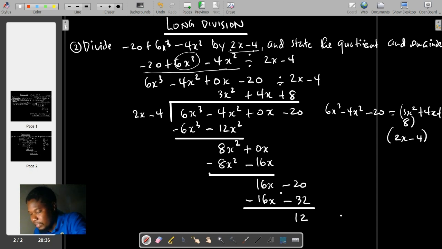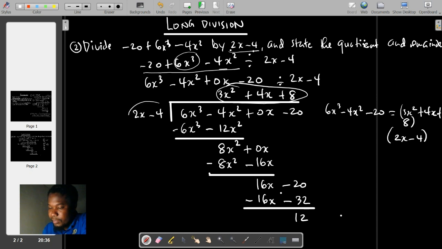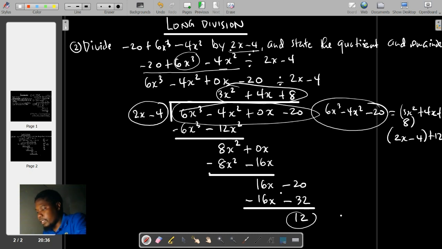Sorry for the space, but that's how you're supposed to write it. So if you multiply this by that, and add the remainder 12, it should give you the dividend right here. That's very, very important. Are you able to see that? That's how you do long division of this.